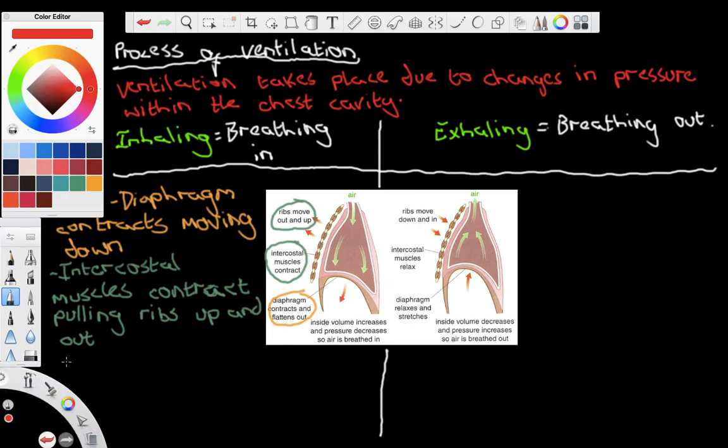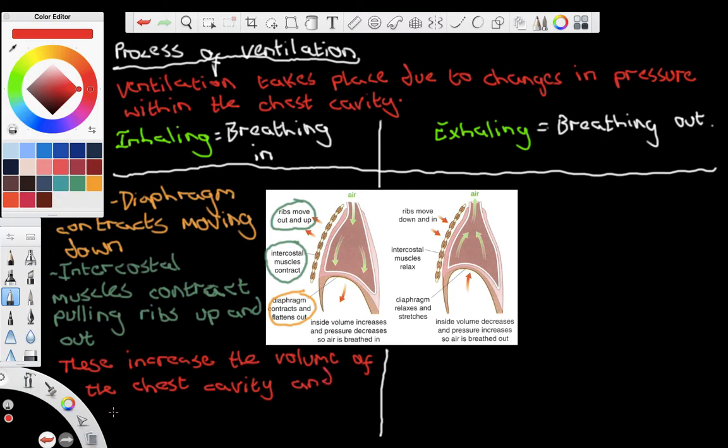So we can say these increase the volume of the chest cavity and decrease internal pressure, which allows air to move into the lungs.